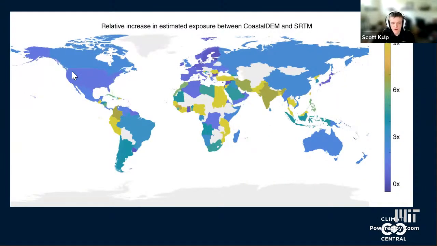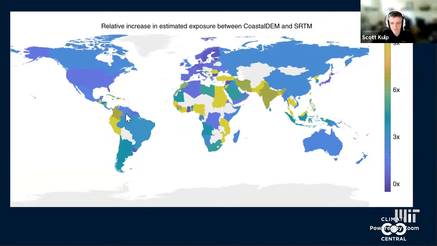Now this is a map of the relative increase of predicted exposure according to CoastalDEM over SRTM. So in China, for example, there's about 3 times more exposure estimated. Down in South Asia, it's as much as 7, 8, 9x.